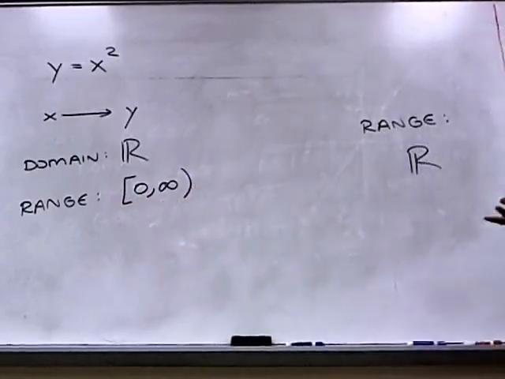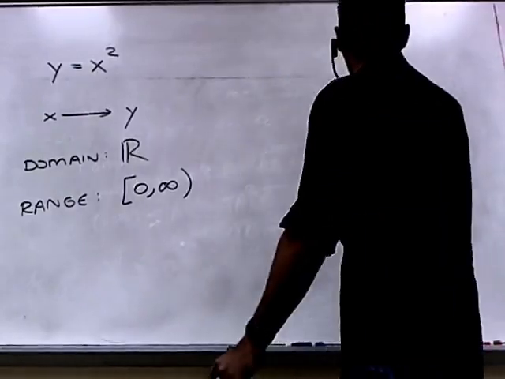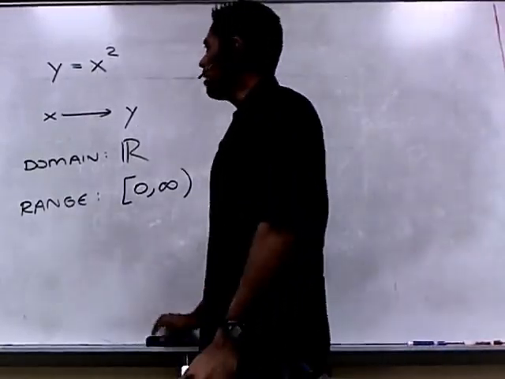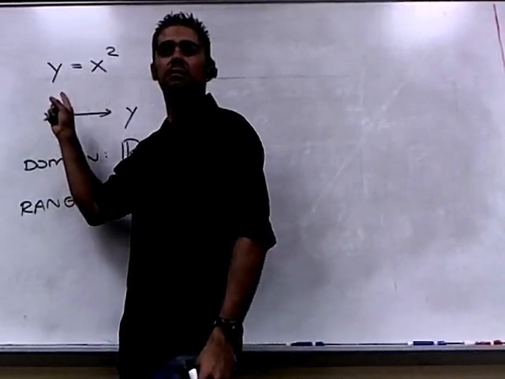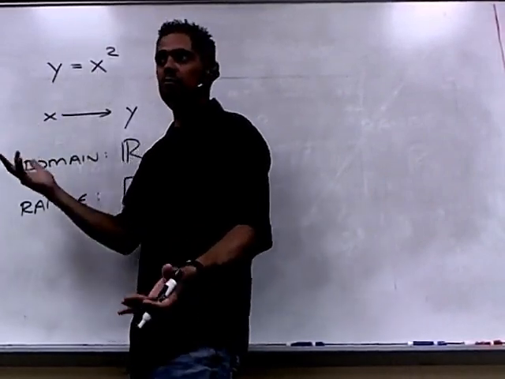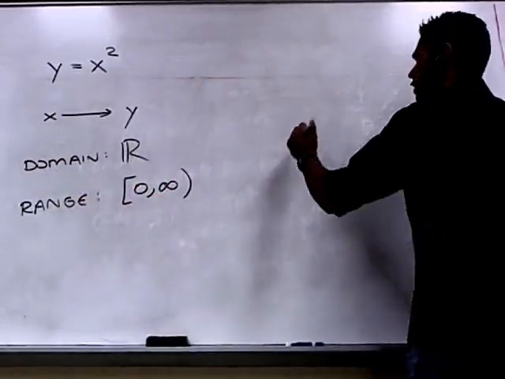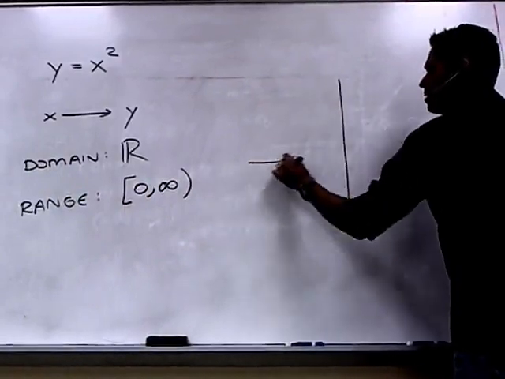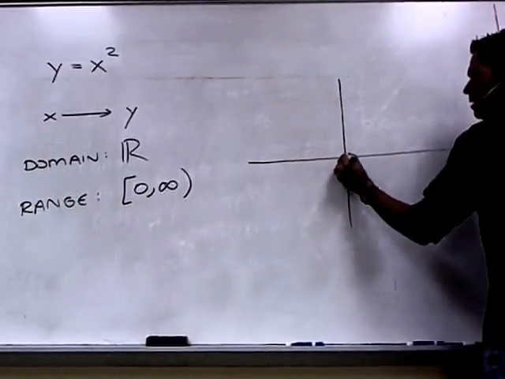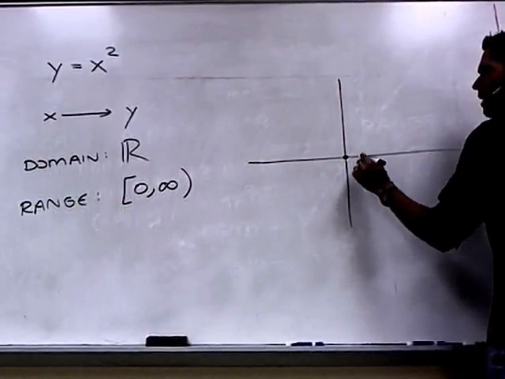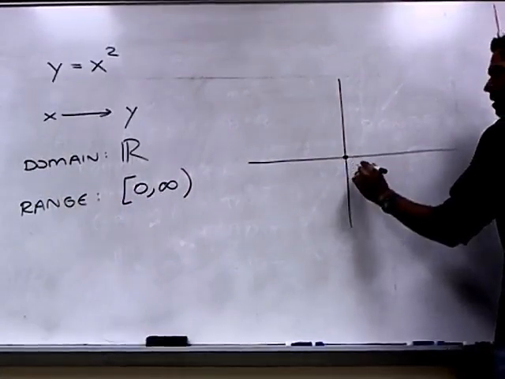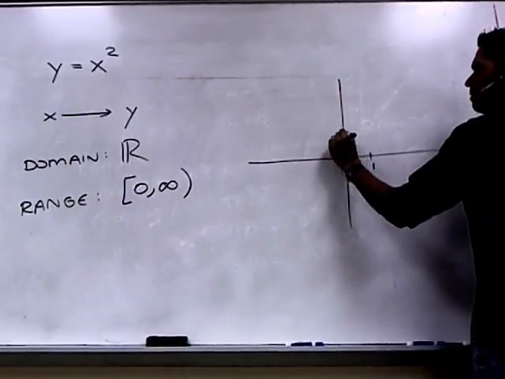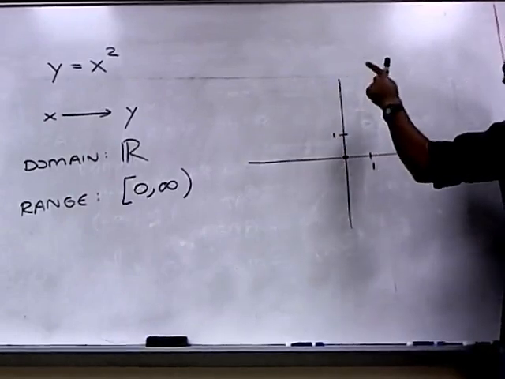Now, how would we visualize this? Well, you would have to know what x squared looks like. This is not a line. It's what we call a parabola, which is something we'll talk more about today. I'll show you what the graph looks like now, but I'll also give it to you later. If I plug in 0, I get 0. If I plug in 1, what does it spit out? 1.